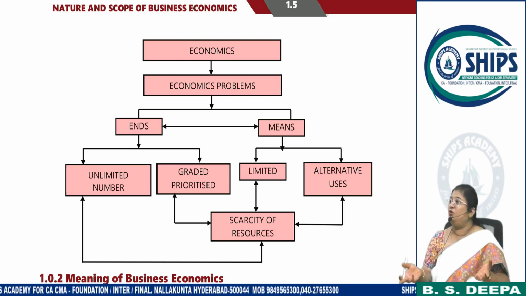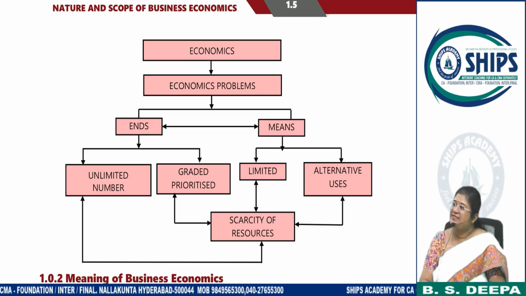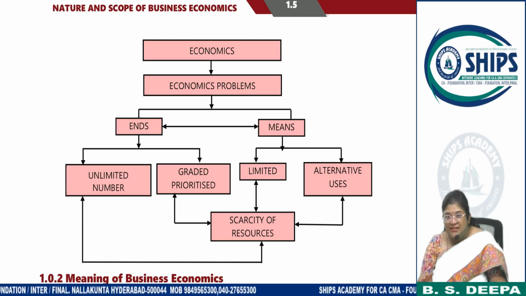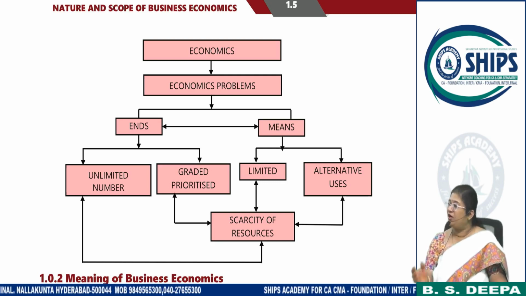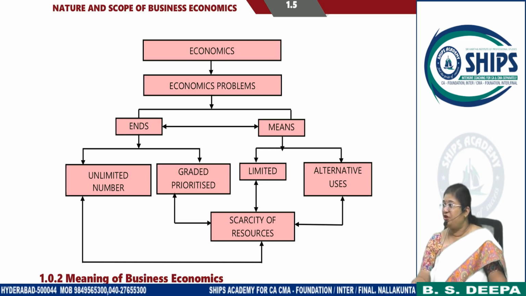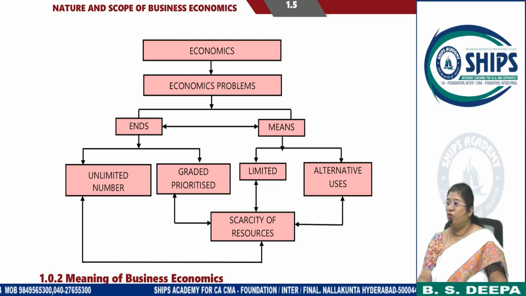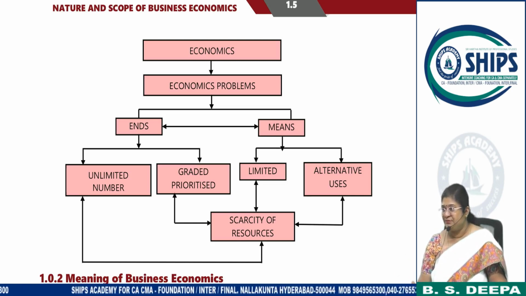Now we may want to do a lot of things, but our allowance which is given by our parents is limited. So within that allowance, within that pocket money, we will have to ensure that whatever our requirements are, they are taken care of. So our resource, that is our pocket money, is limited, but whatever we wish to do, our ends, right, our wants are unlimited, right?